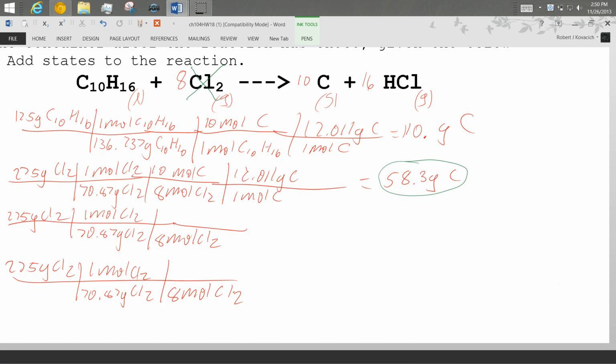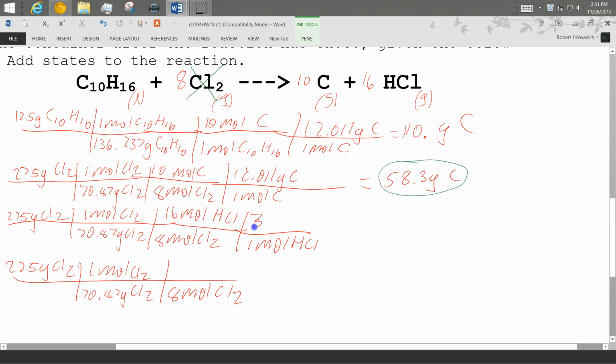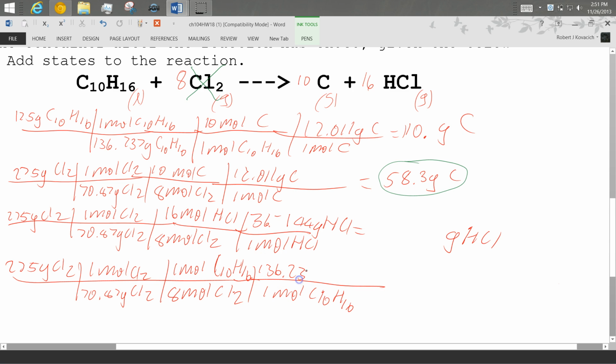And the hydrochloric acid, 1.0795 plus 35.435, and so that's 16 moles of HCl, and for every 1 mole of HCl, it's 36.5144 grams of HCl. And then this one down here, we'll have 1 mole C10H16, and then 136.237 grams C10H16.